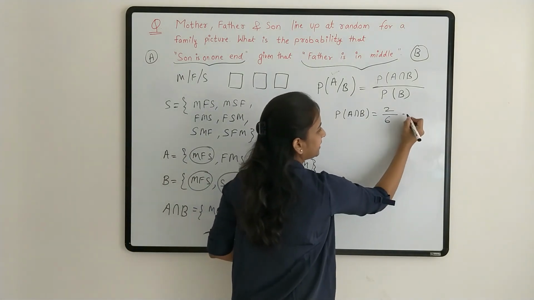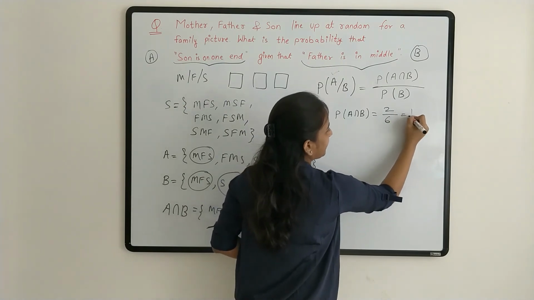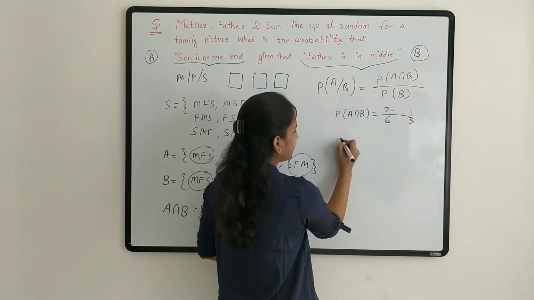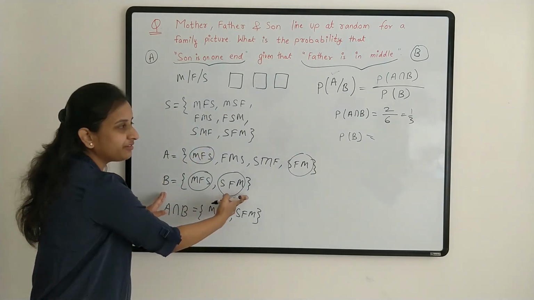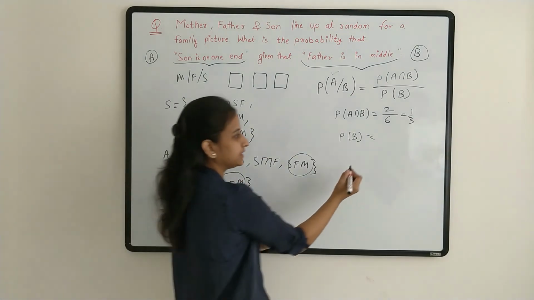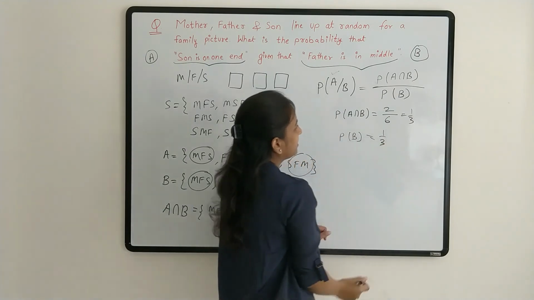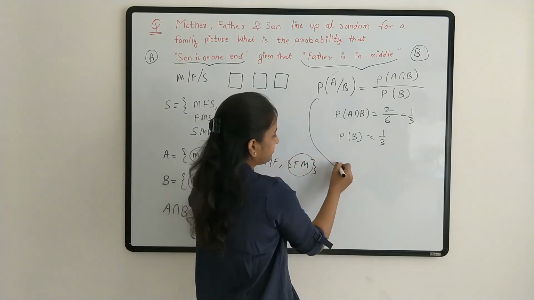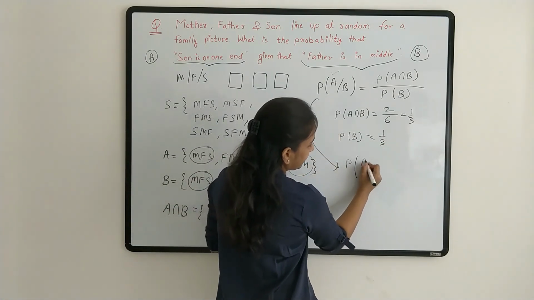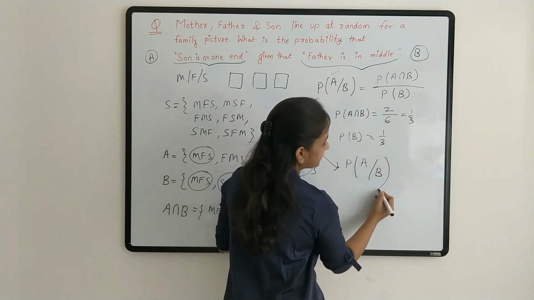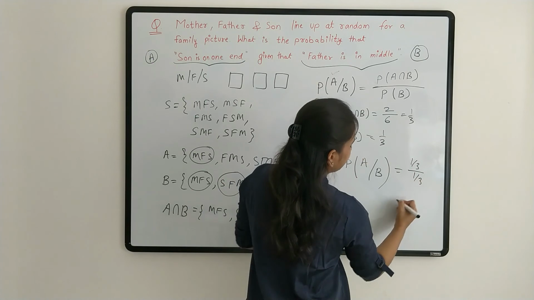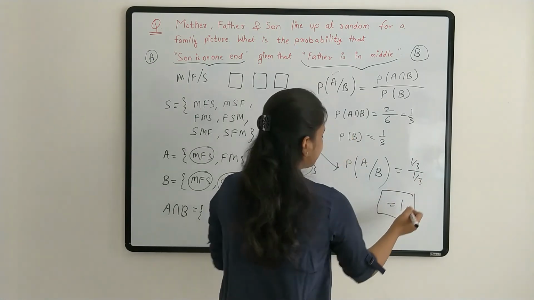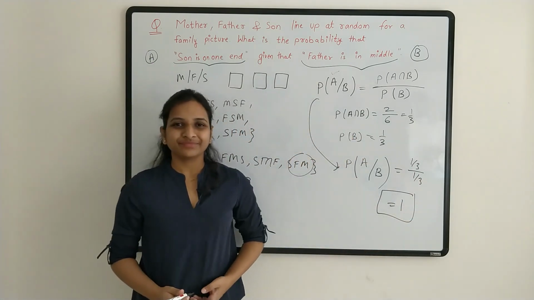This probability is 1 by 3. And probability of event B, again 2 favorable outcomes out of 6, again it is 1 by 3. Then what is this probability? Probability of event A given that event B has happened is 1 by 3 divided by 1 by 3, it's 1. This is what we got already.